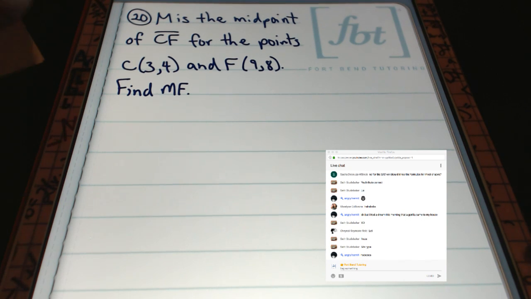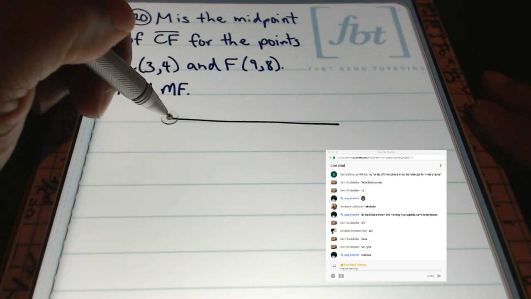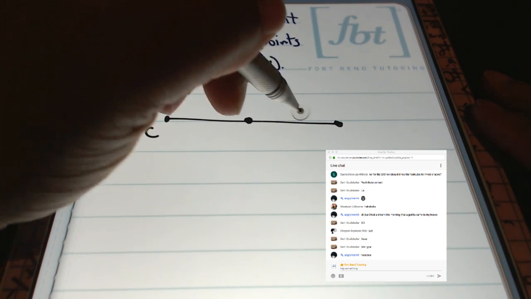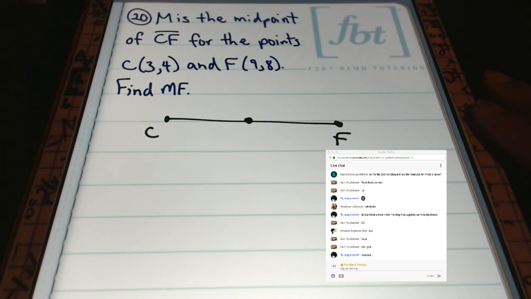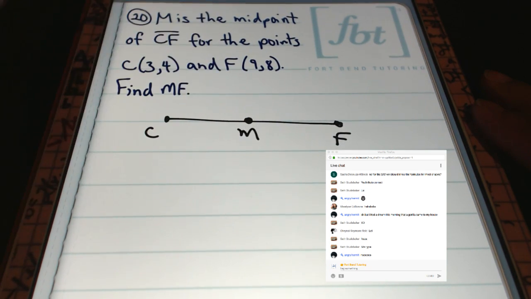All right, so let's go ahead and set up a diagram for this just to get everybody on point together. Let's say that we have point C, we got point F here, and we have the midpoint M in the house.